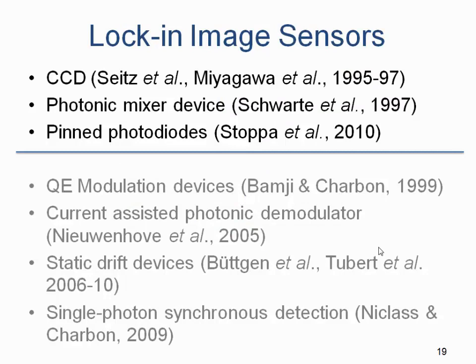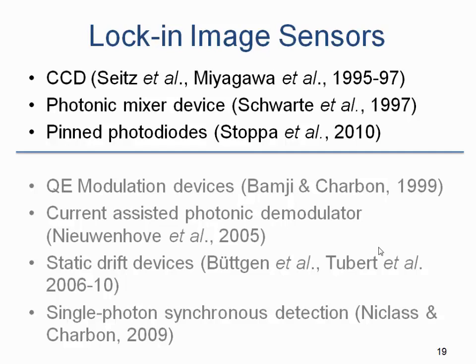There are quite a few publications in the field. Besides our work in Canesta back in '99, there have been several people investigating several detectors that can be used with this approach. The very first was based on CCD and was independently developed by Miyagawa and Seitz in 1995-97.